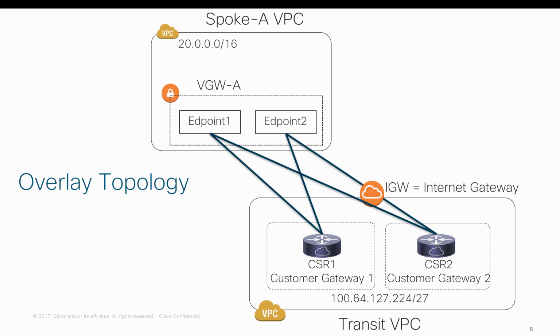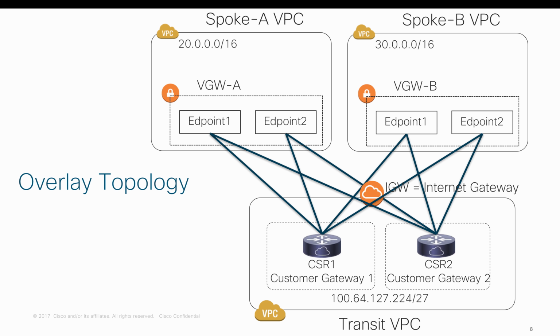Each CSR will have 2 tunnels, and the total is going to be 4 tunnels. If you add another spoke VPC, another 4 tunnels will be created. So that's how the overlay network looks. You can do a show run interface tunnel on the CSR to see the destination IP, and that will be the public IP on the VGW.